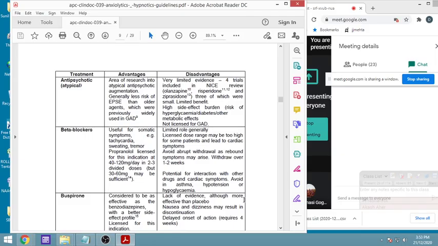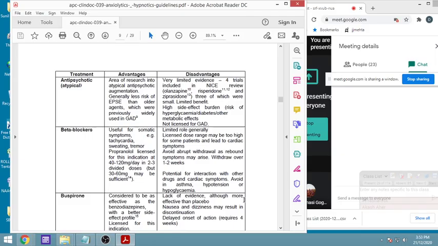Beta blockers are used for somatic symptoms like tachycardia, sweating, tremor. Propranolol is used for this. It is licensed for that, and it has a limited role. Particularly, it helps with the parallel symptoms which are the outcome of the anxiety, as we have seen, sweating, tremor, etc. Their licensed dose may be too high for some patients and lead to cardiac symptoms, because we have to give more dose so that blood-brain barrier crossing occurs, but the peripheral effect can be more and it can be a problem.